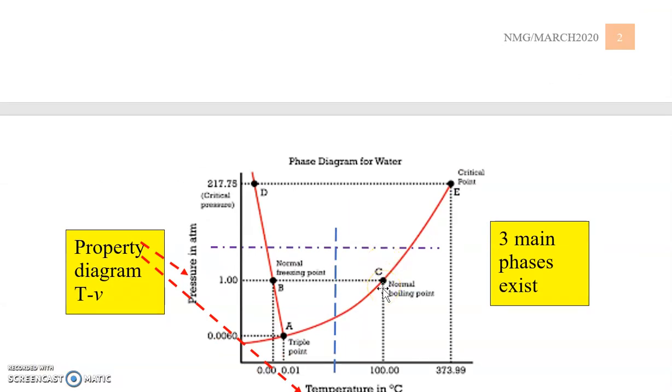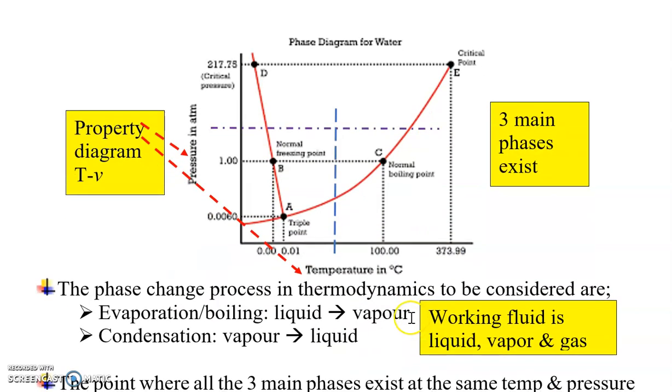As you heat your liquid at 1 atmospheric pressure, under a constant pressure process, more and more of your liquid will vaporize until all of it has vaporized, then it falls into the vapor region. So in thermodynamics analysis, our working fluid is liquid, vapor and gas, no solid. Most of the time we are looking into the liquid region and the vapor region.